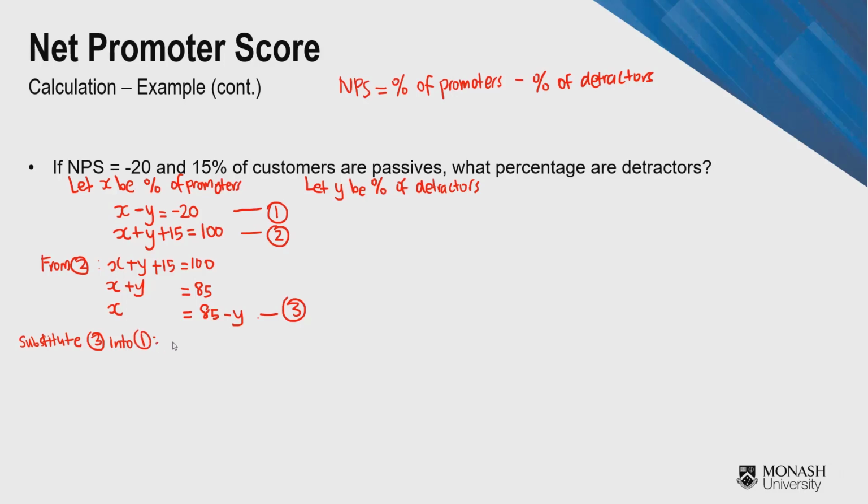It will be X minus Y equals negative 20. Now we want to substitute equation 3 into here. So we have 85 minus Y, in brackets, minus Y equals negative 20. Why do I get 85 minus Y? It comes from here. X is equivalent to that. So we want to open this bracket.